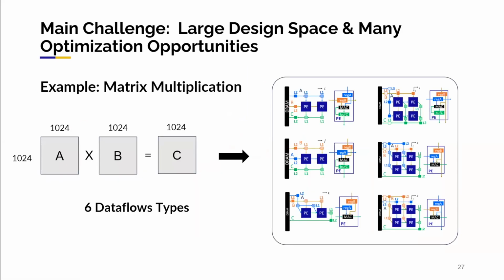But the main challenge is the large design space and the number of optimizations that we can do. For example, for 1024 by 1024 matrix multiplication, we can have 6 data flow mappings, meaning that for the 3 loops of matrix multiplication, which loops we map to the space dimension and which loops we keep in the time dimension.